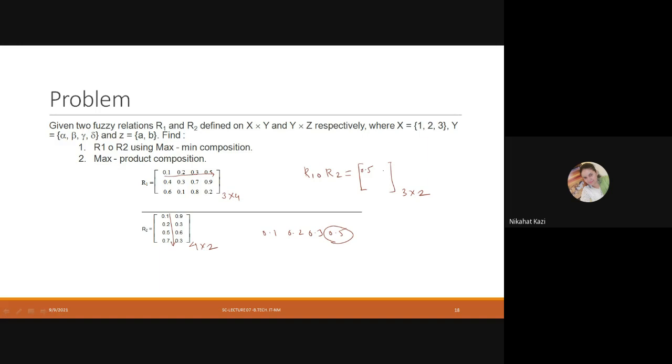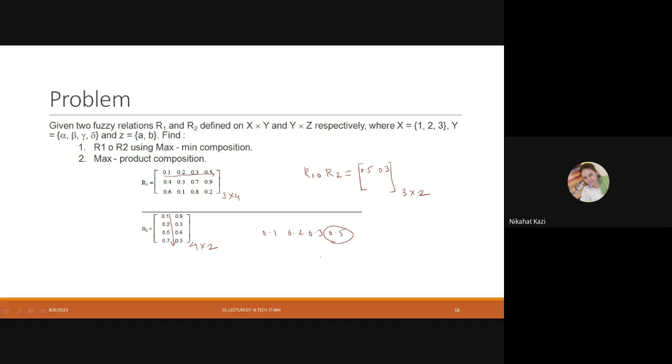So the answer is 0.3. Is this clear? What about this? Again, the same operations you can perform and complete this matrix. This is about max min.